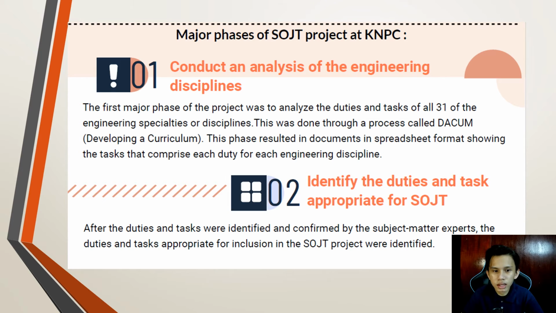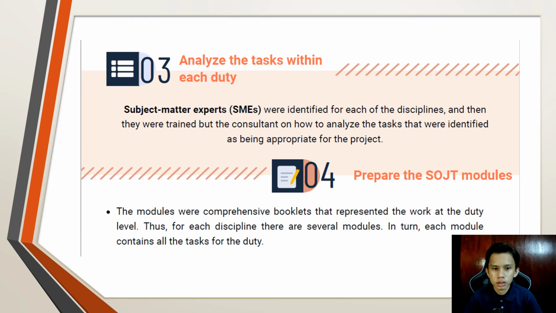Step number 2 is to identify the duties and tasks appropriate for SOJT. After the duties and tasks were identified and confirmed by the subject matter experts, the duties and tasks appropriate for inclusion in the SOJT project were identified. Step number 3 is to analyze the tasks within each duty.